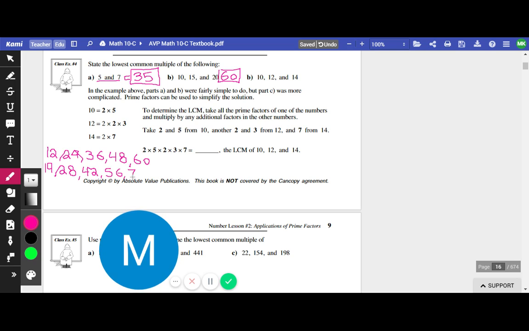It's not going to work. Keep going. 70, 84, 98, 102, 116, 130. All right, let's hope that one works. It doesn't. If you kept going, you'd find it eventually.